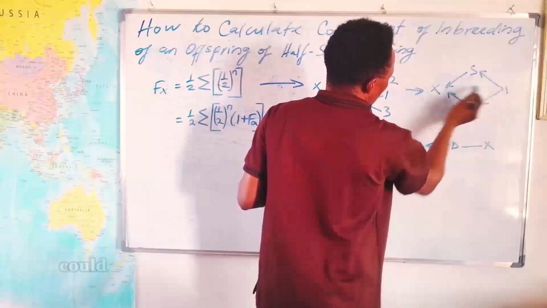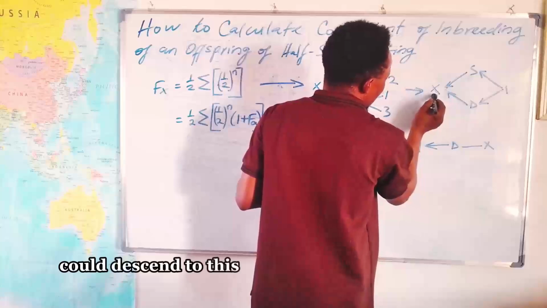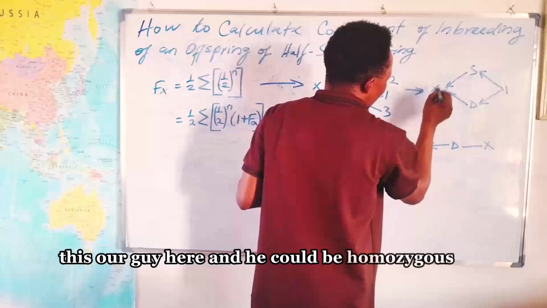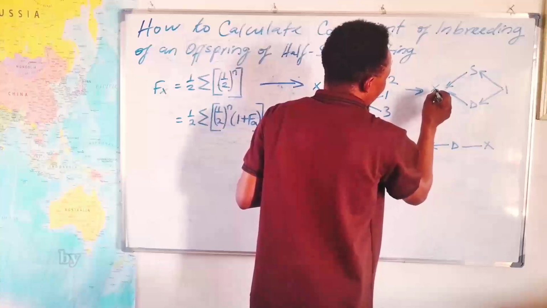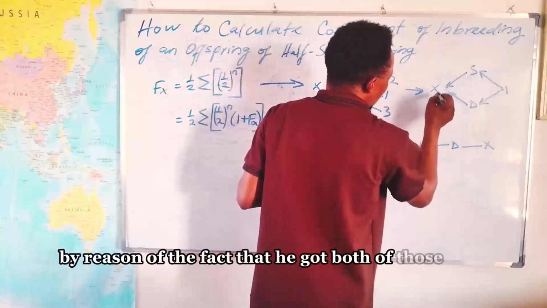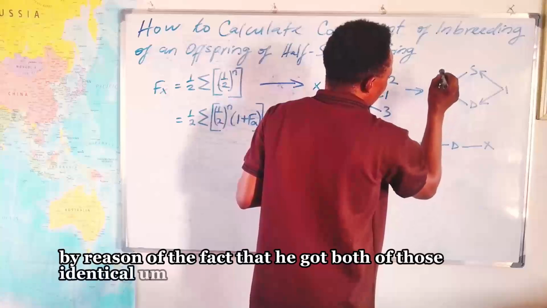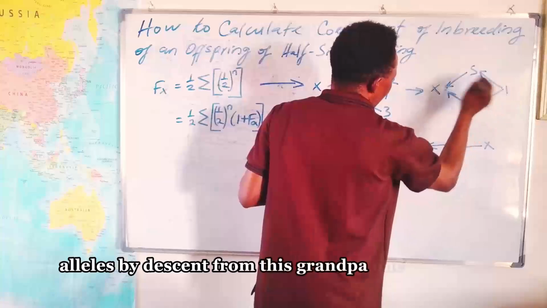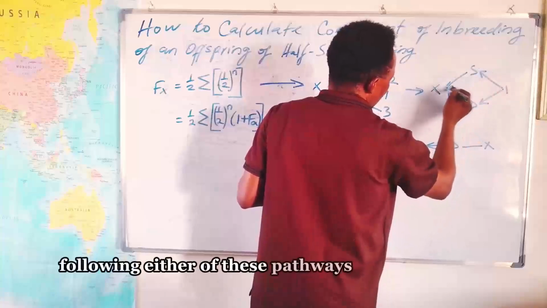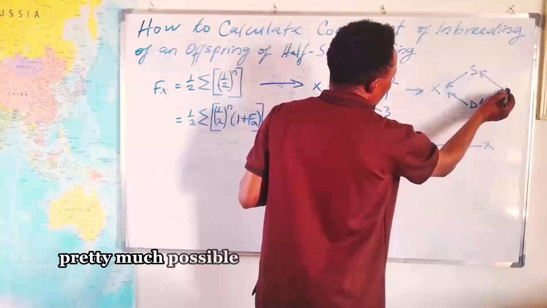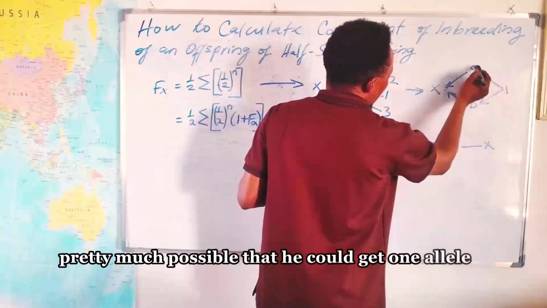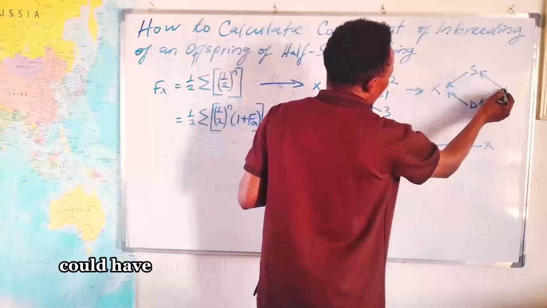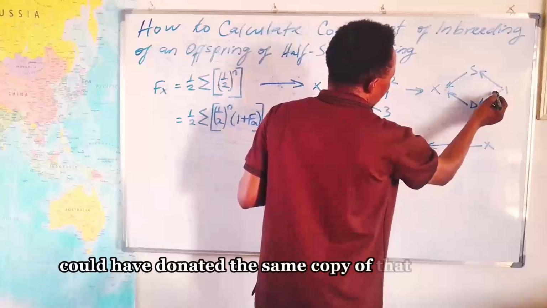So grandpa 1 is the main common ancestor here, from whom it is possible that two duplicates of alleles could descend to this offspring, and he could be homozygous at a certain locus by reason of the fact that he got both of those identical alleles by descent from grandpa 1, following either of these pathways. So it is possible that he could get one allele through S, and the same grandpa 1 could have donated the same copy of that allele.